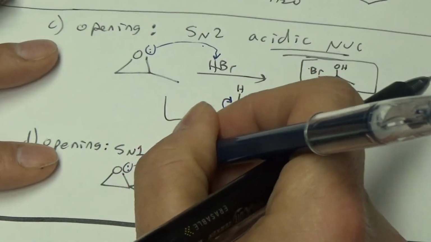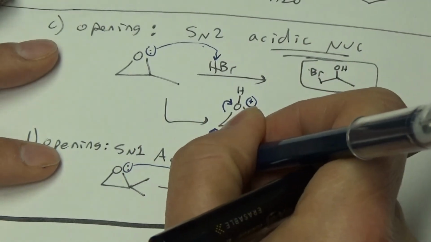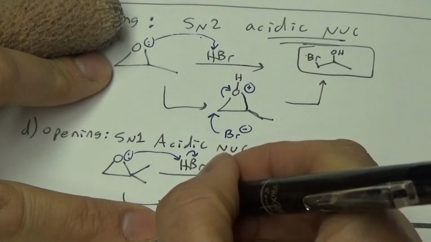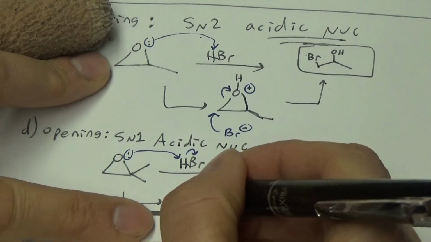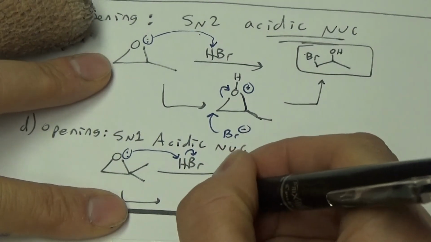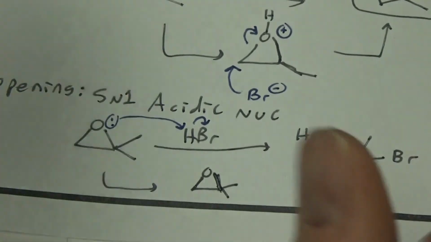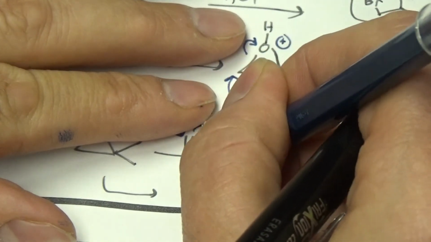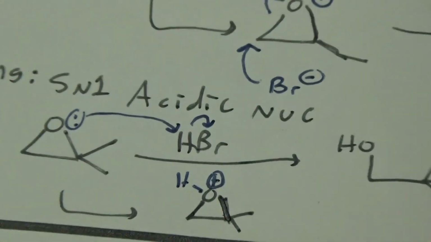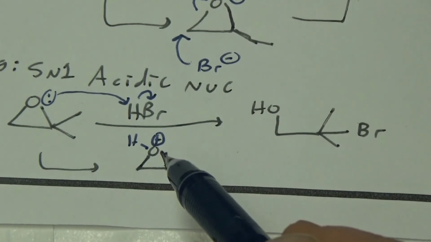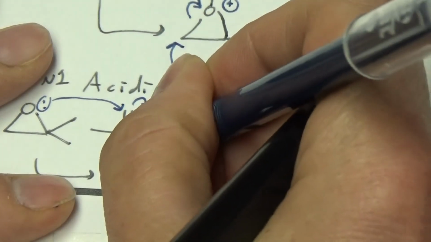Protonate. Okay. With a tertiary side, we'll do this SN1 style opening. I'm just going to draw my proton right there. Okay, we cool. And what happens if you have a good leaving group on a tertiary carbon? It opens up, and it actually opens like this.